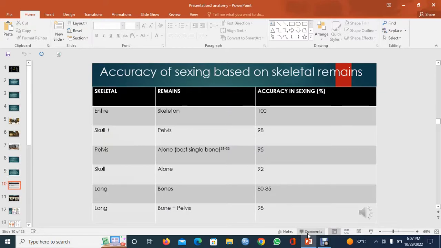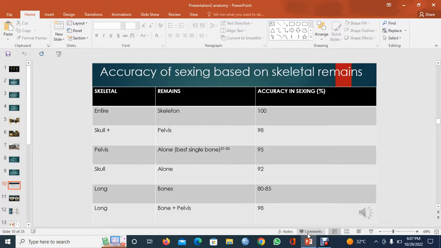Here is a tabular chart showing the accuracy of sexing based on the skeletal remains. When we have the entire skeleton, we can reach an accuracy of up to 100%. When we have the skull and the pelvis only, we can reach up to 98%.